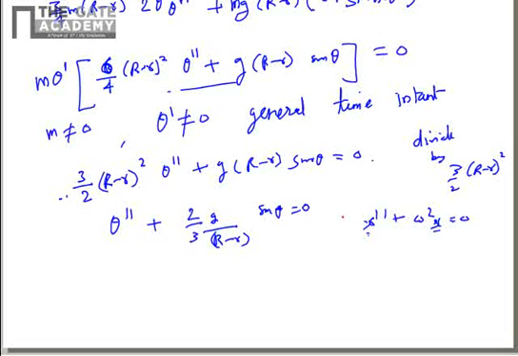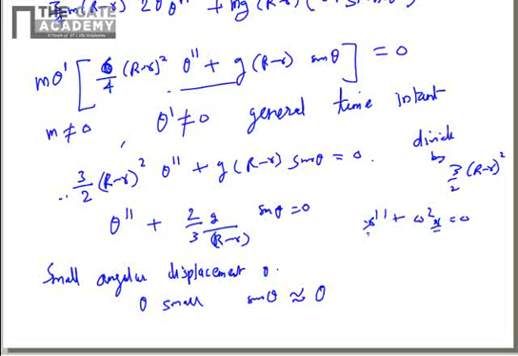There x was coming at both places, here sin θ is coming. At the start of the problem, it was given that we are solving for small angular displacement θ. So if θ is very small, then sin θ is roughly equal to θ, the identity from the math class. So substituting this for small angular displacement, you get θ'' plus 2g/3(R − r) θ equal to 0.